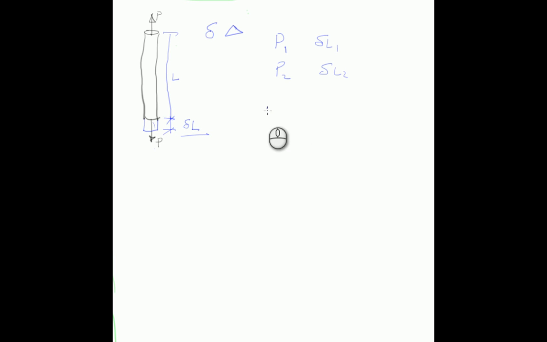Such that if P2 is greater than P1, and in fact P2 is greater than P1 to the extent that P2 is twice P1, we can represent that as P2 is equal to 2 times P1. And we don't have to put a mathematical symbol in here.